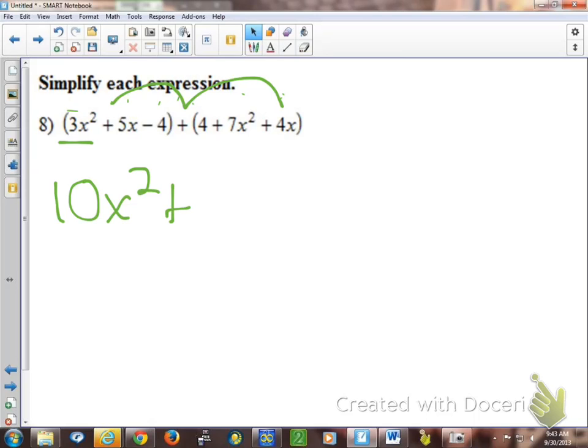It'll be just 9x. You only do that when it's multiplication or division. And then negative 4 plus 4 is 0. So you could put plus 0, but I'm just going to leave it off. That's what I do. 10x squared plus 9x. What do you do with the x? Nothing. That'd be the answers.